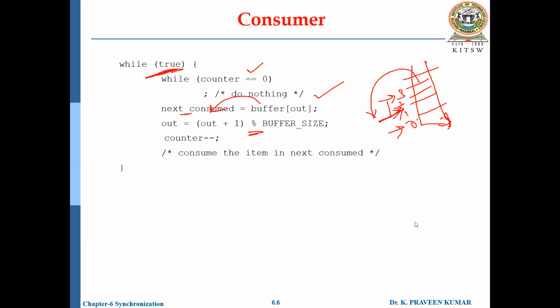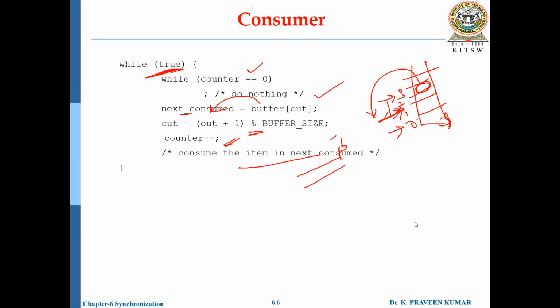Counter you are going to decrement, and that particular item will be consumed. Whatever the item here, that will be consumed, right? So this is about the consumer side code. It consumes the item in next consumed. The counter will be decremented, that is, the counter value will be reduced, and then the item will be consumed.